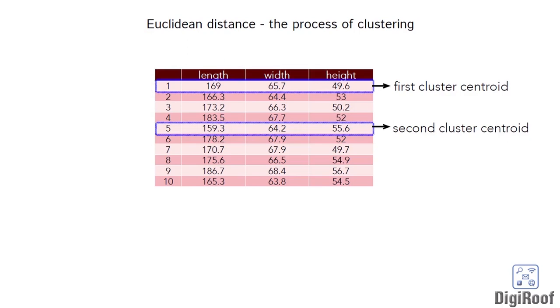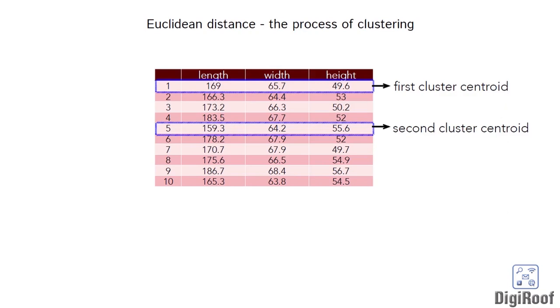Let's also review the formula of calculating Euclidean distance. To calculate Euclidean distance between any row and a cluster centroid, we need to follow certain steps. First, we would subtract length in the cluster centroid from the length in that row and square the difference. Similarly, we would subtract width in the centroid from the width in the row and square it.